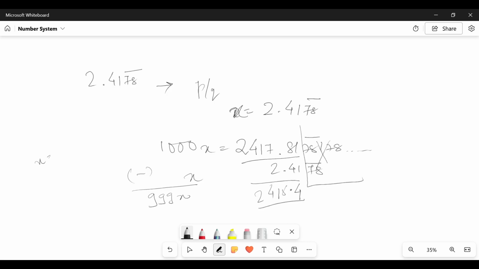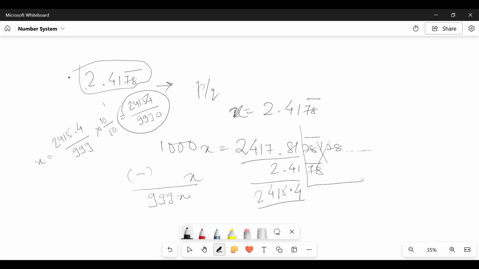So x in turn would be 2415.4 divided by 999. If we multiply 10 to the numerator and denominator, it would end up appearing as 24154 upon 9990. This is the rational form of the decimal number 2.4178 bar.